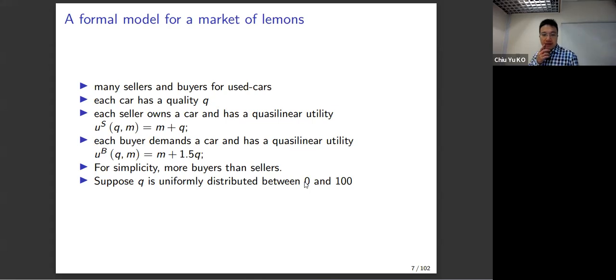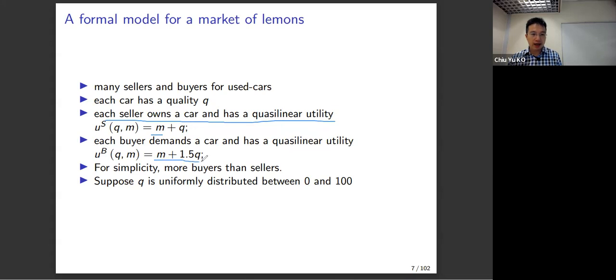So in this model, I have many buyers and many sellers, okay? And each car has quality Q, okay? And everyone has a quasilinear utility. M is money, okay? Money plus you get a car, Q, right? So if you don't get a car, then it is just money, right?